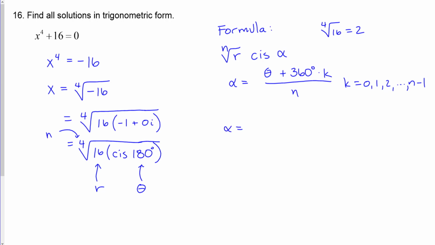So alpha when k is equal to 0 would be 180 degrees plus 360 degrees times 0 divided by 4. Alpha sub 1 is going to be 180 degrees plus 360 degrees times 1 divided by 4.